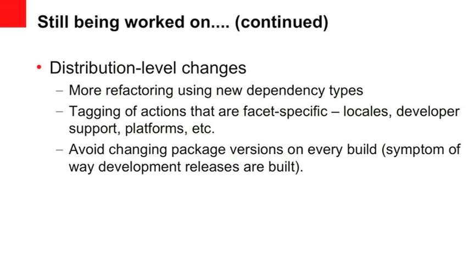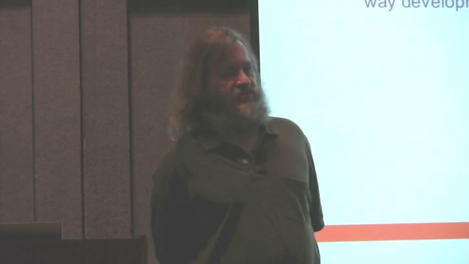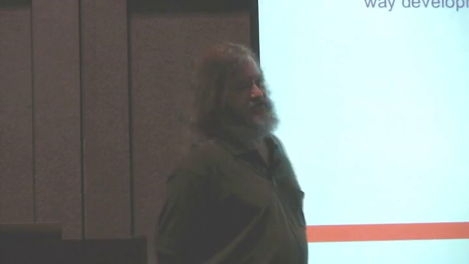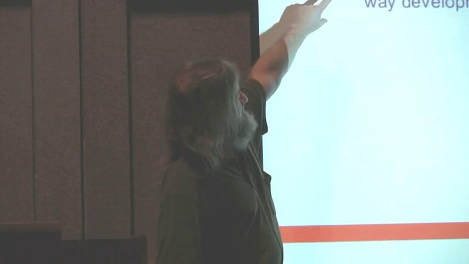We need to do more tagging of actions that are facet specific: the locale, developer support, platform support, etc. By the way, the default behavior is to build images that will boot and run on any machine of that architecture. So when you install a SPARC machine, unlike previous times, that same image will work on all SPARC machines, not just sun4u or not just sun4v, but on all the hardware. Once we start tagging, you can actually minimize that away, but that's a different issue.